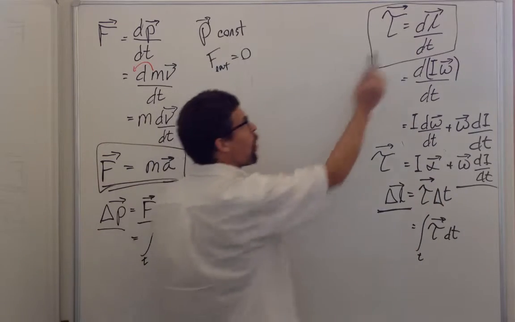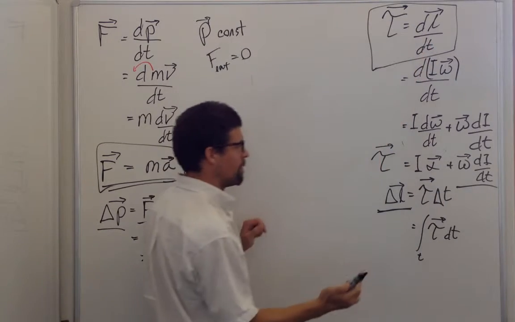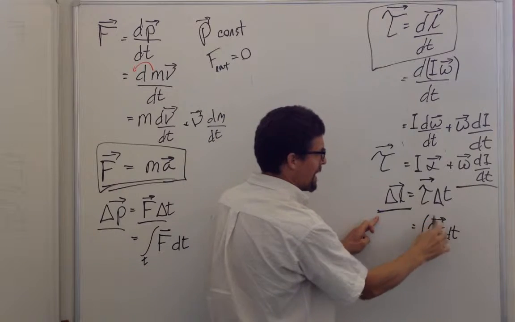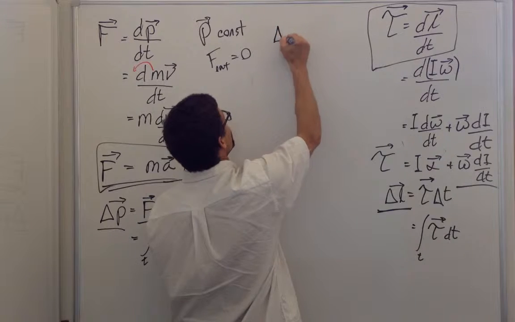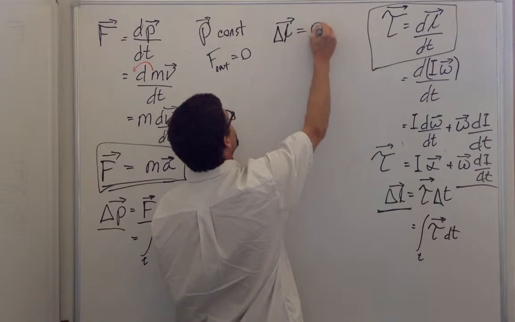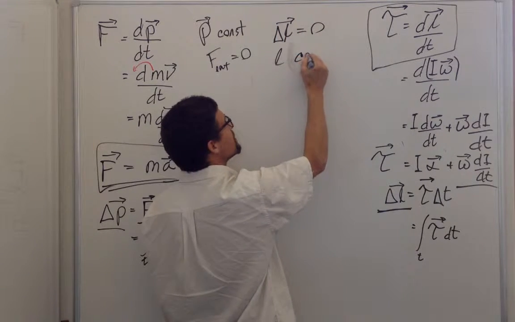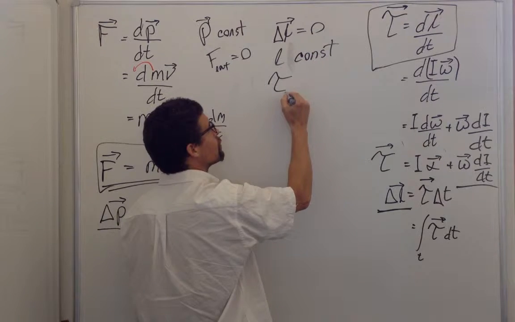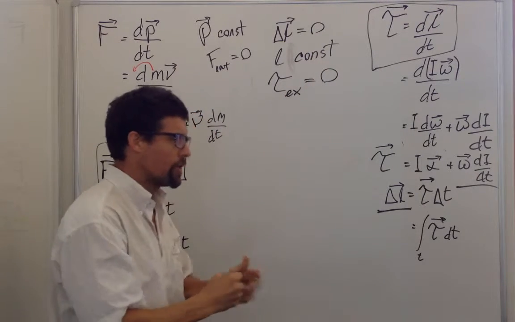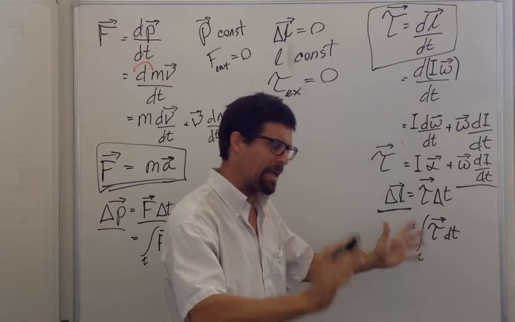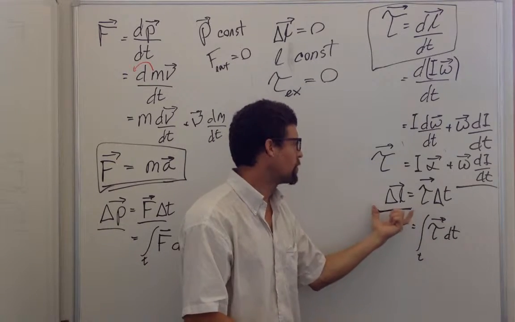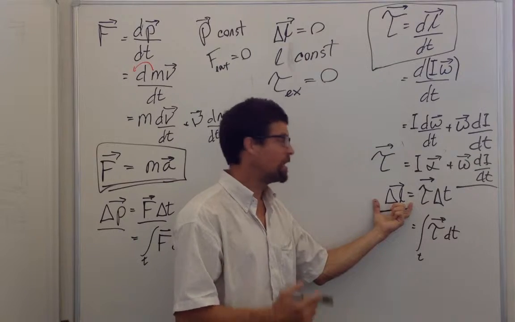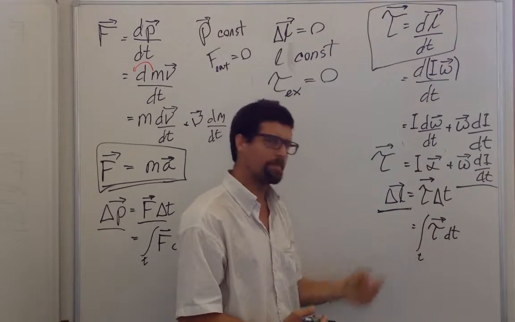Similarly, if torque is the rate of change of angular momentum, your change of angular momentum is the integration of torque times time. And so change of angular momentum must be zero. Angular momentum is a constant if external torque is equal to zero. So you have a system there, it's going to maintain its angular momentum, always the same, unless you put in an outside torque, which will introduce this change of angular momentum.